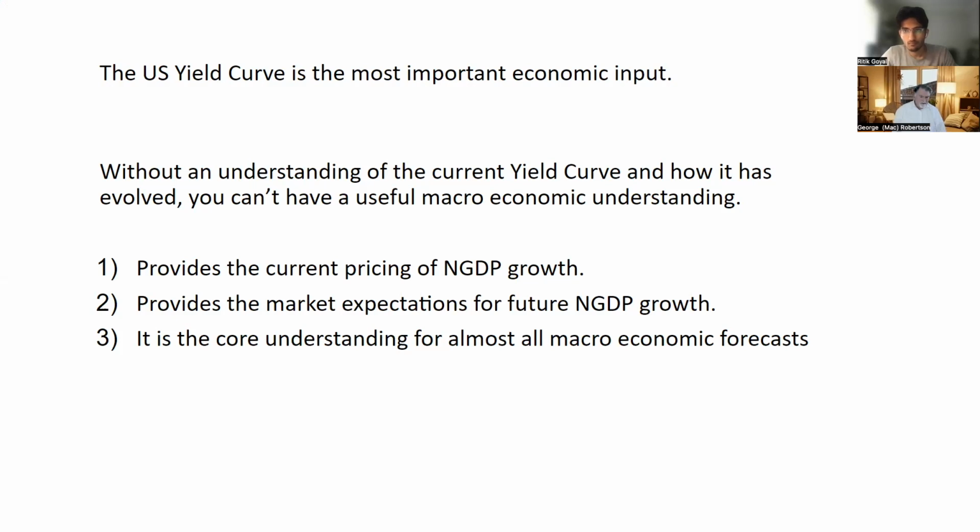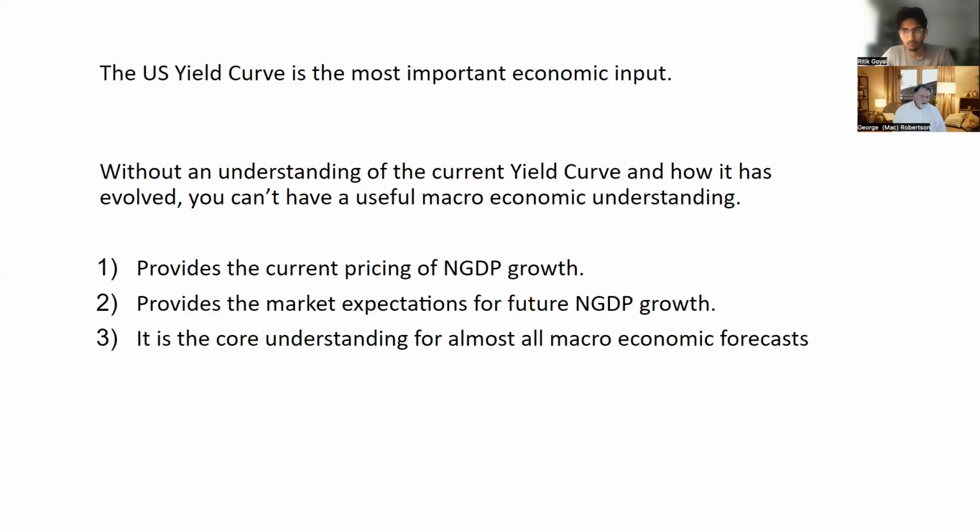If the term premium is very high, then it indicates that the expectations are for NGDP growth to grow briskly for the next several years. If term premium ever gets flat to negative, then it indicates that people are anticipating a recession, or a recession has actually happened. Therefore, it ends up being the core understanding for almost all macroeconomic forecasts.